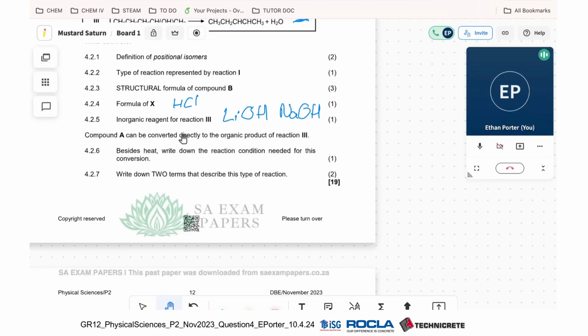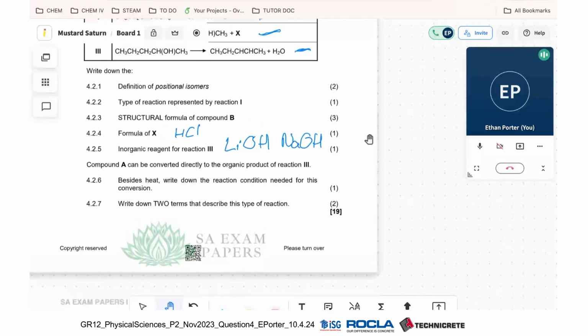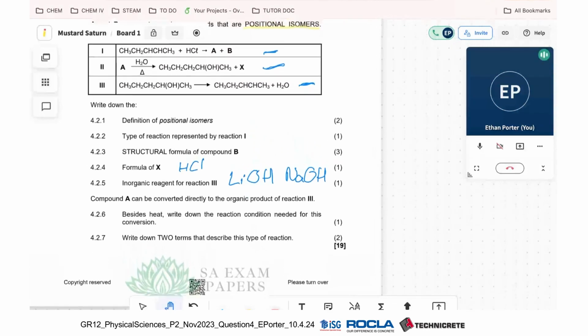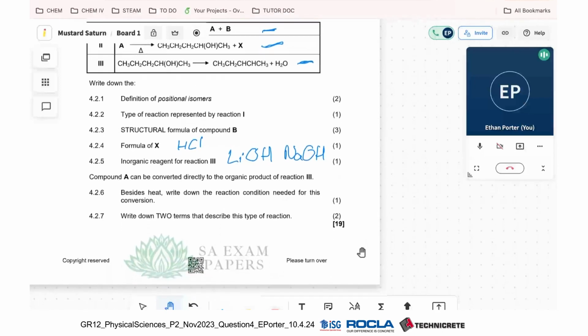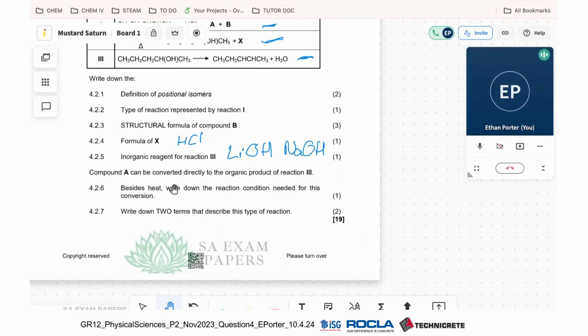Compound A can be converted directly to the organic product of reaction 3. So compound A, which is our haloalkane with chlorine, can be converted directly back to an alkene. So besides heat, write down the reaction conditions needed to do this.